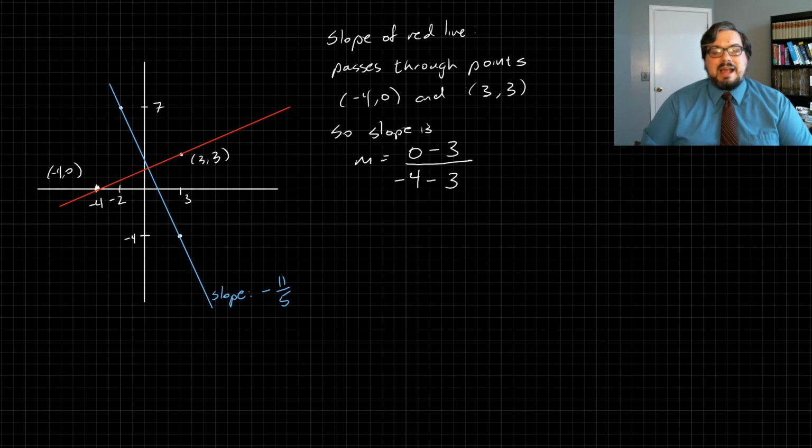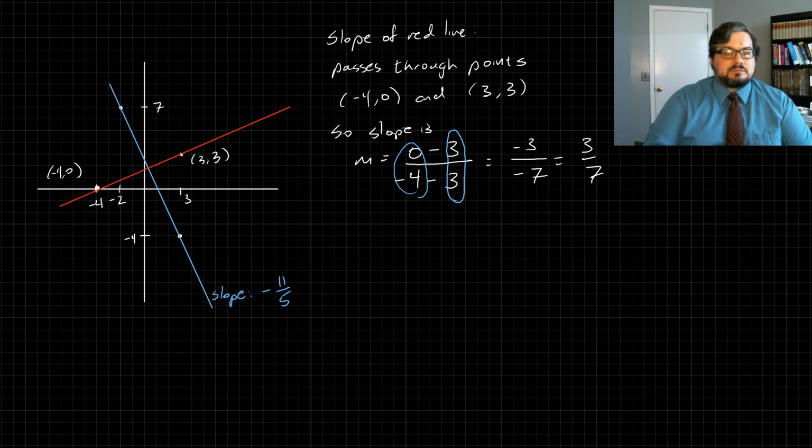And then I'm subtracting what I get in the point 3 comma 3. So -4 comma 0 is one of my points, and then 3 comma 3 is one of my points. So we're left with -3 over -7, which gives us 3/7. So this red line has a slope of 3/7.